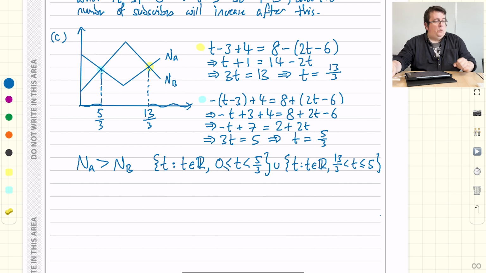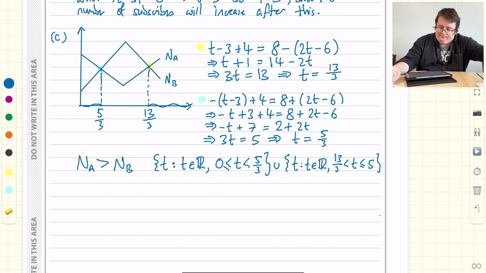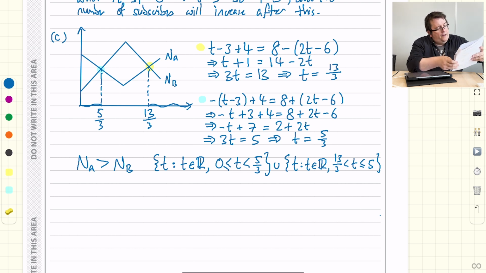Okay, let's have a quick look at the mark scheme, just to make doubly sure of this. They don't have the 0 or the 5. Let's just look at the extra guidance. So this was part C. Oh, here you go.